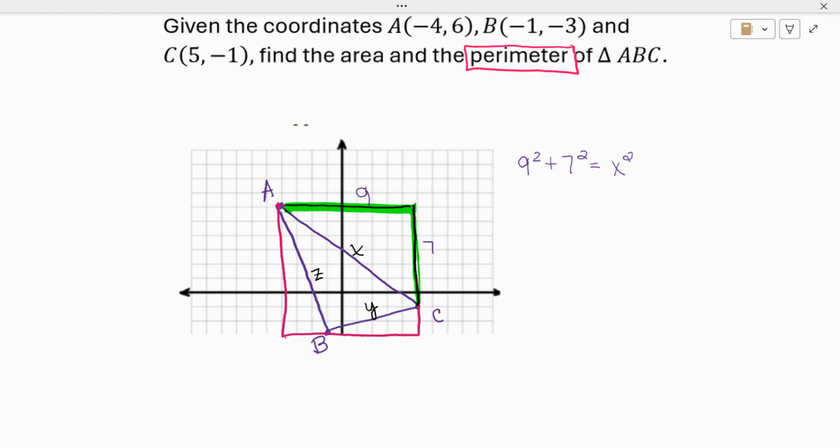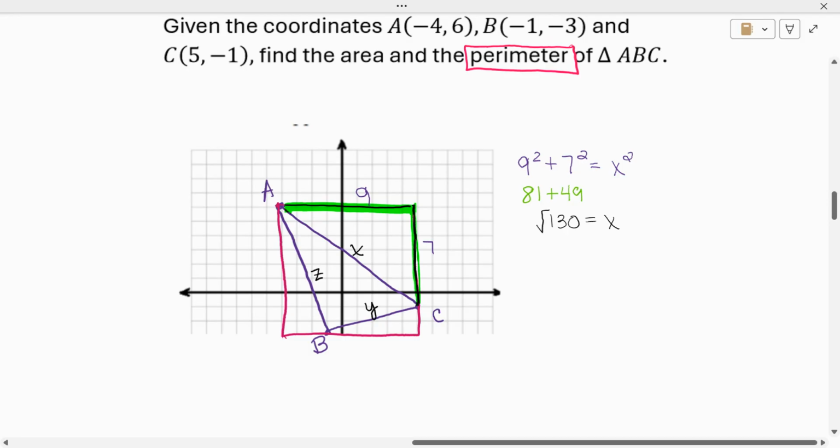Well, what is 9 squared? 81. And 7 squared? So what is 81 plus 49? So 130 equals x squared. If I want it to just equal x, I have to take the square root of it. So I'm going to write that on my picture. This equals the square root of 130. Perfect. I got that.